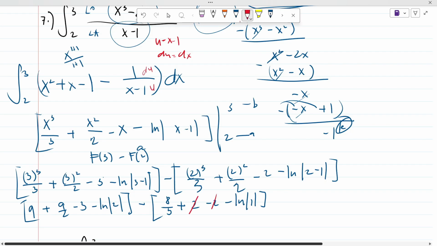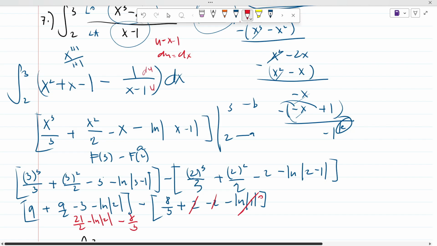Gets, guys? So, cancel. ln of 1, matic 0 from the rules of natural logarithmic, guys. So, ito, guys, 9 plus, sulpak nyo sa calcu yan, guys, minus 3 minus ln of 2. So, 21 all over 2 minus ln of 2 minus 8 all over 3, guys.